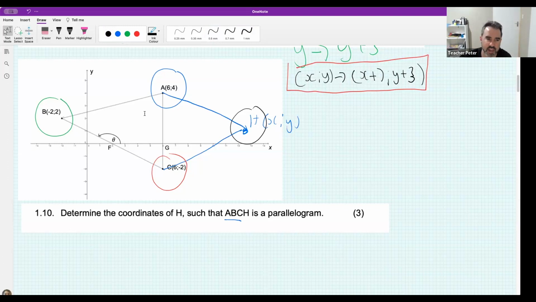Green and blue. Okay. So how do I go from -2 to 6? What do I need to do to go from -2 to 6? I'm focusing on the journey from green to blue.